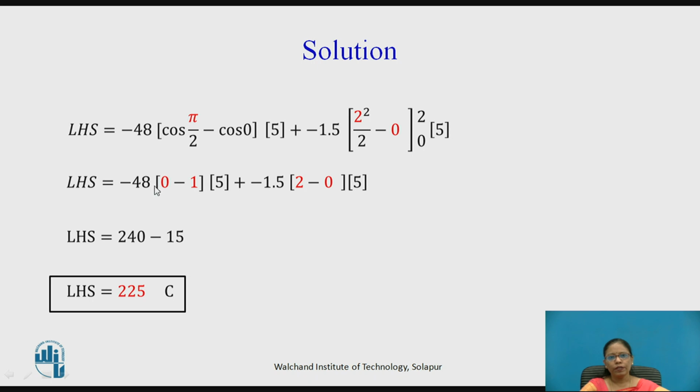So here there is a minus sign, this minus sign goes to plus, so this is plus 240, whereas with 1.5 there is already a minus sign, and this value is 2. So when I find 1.5 into 2 into 5, I will get 15. So after subtraction, I will get the LHS part of my divergence theorem as 225 Coulomb. Thus, we can find out the LHS of the divergence theorem.